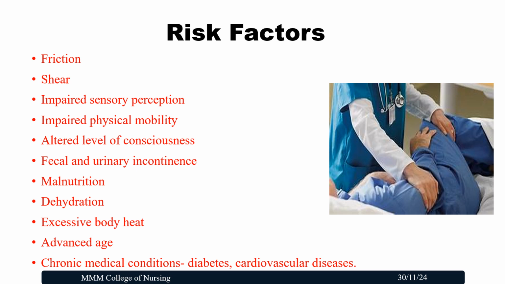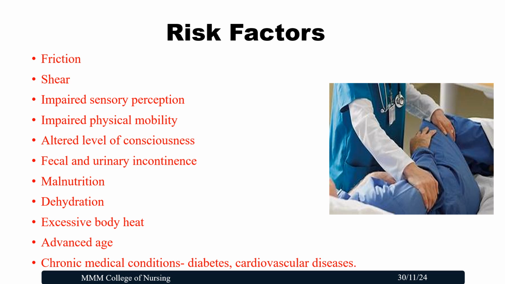For malnutrition, people need enough fluids, calories, proteins, vitamins and minerals in their daily diet to maintain healthy skin and to prevent the breakdown of tissues. Dehydration is another risk factor, along with excessive body heat and advanced age.